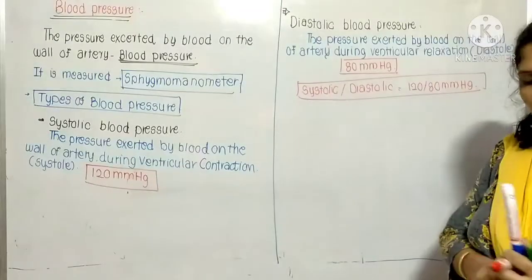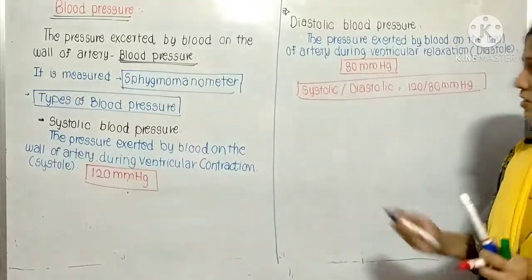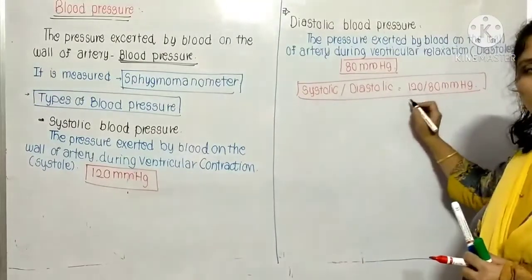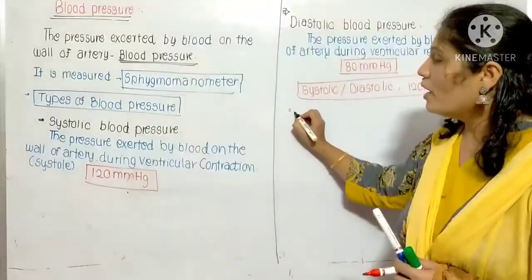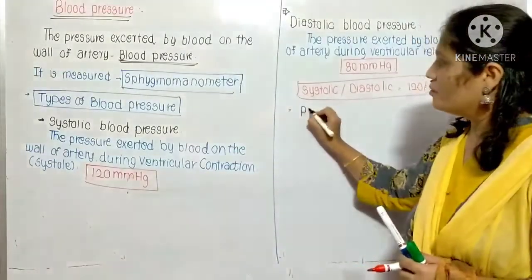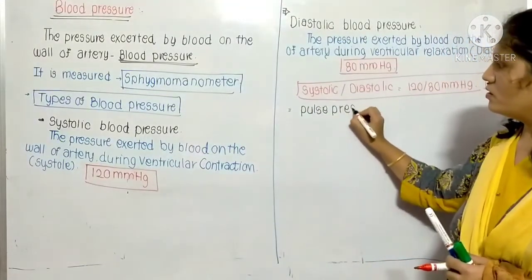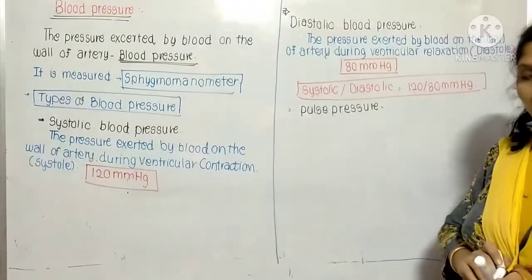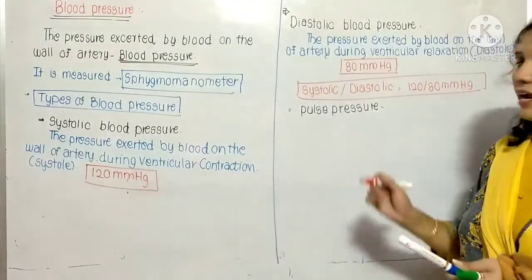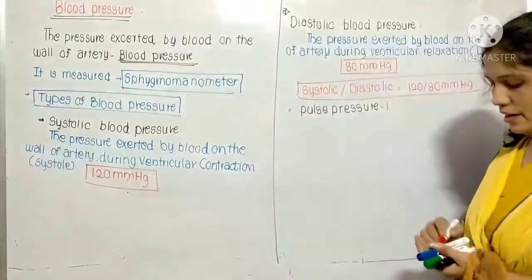During this measurement there is a difference between the systolic and the diastolic pressure. The difference between the systolic and the diastolic pressure is known as the pulse pressure. On the basis of this pulse pressure, doctors identify different diseases.